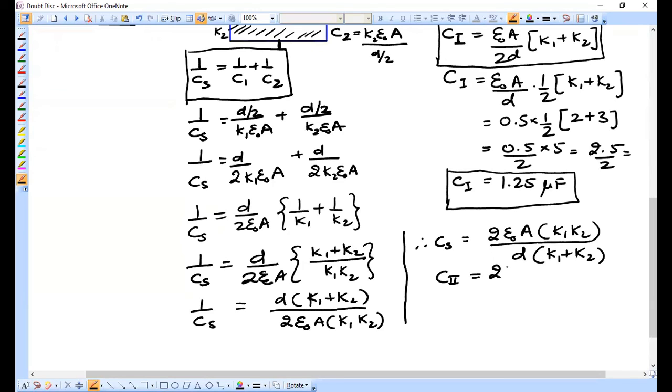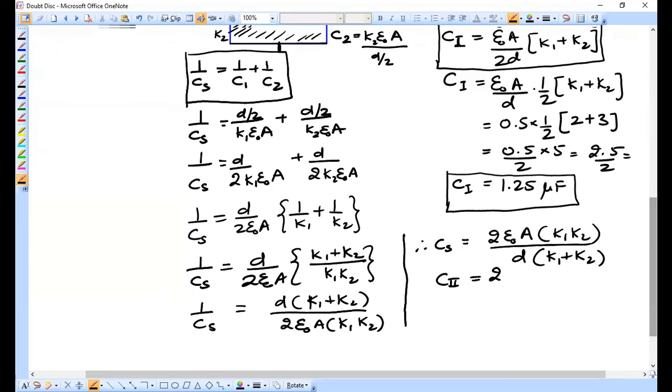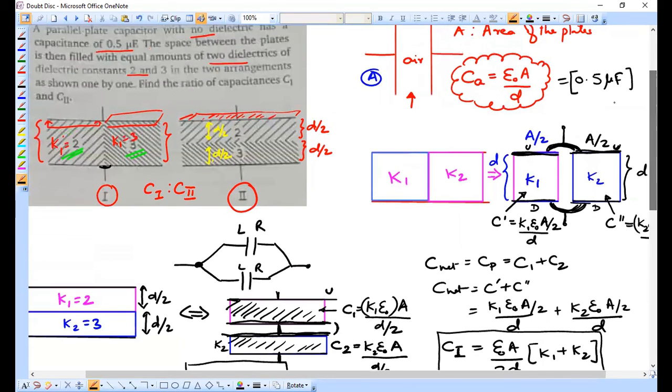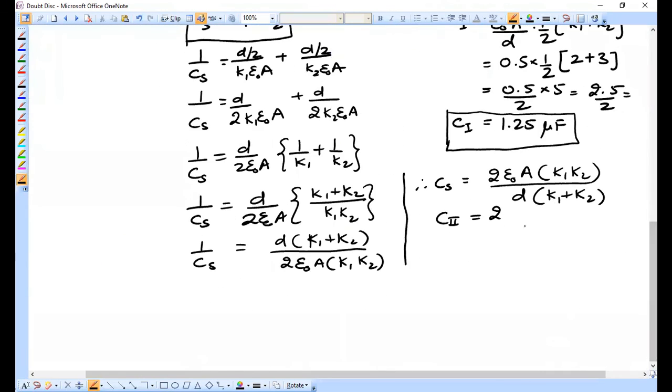So what is epsilon naught A by d? If you refer to the earlier part of our discussion, this epsilon naught A by d has a value of 0.5. So that comes out to be 0.5 over here. K1 into K2 is 2 into 3, upon K1 plus K2 which is 2 plus 3, and this will make it 5.